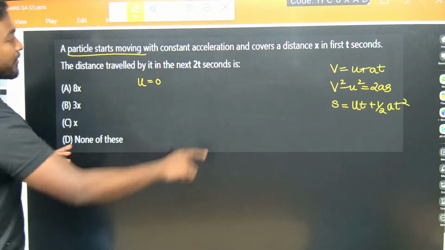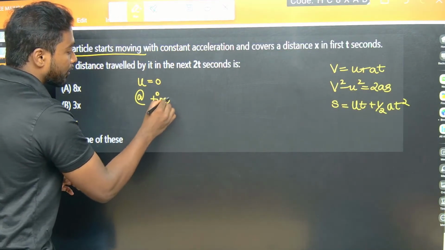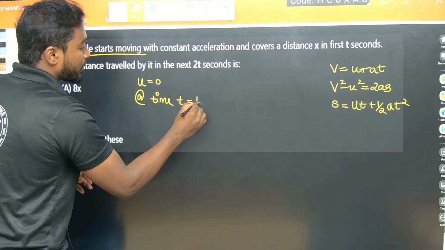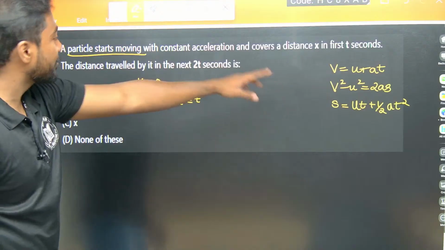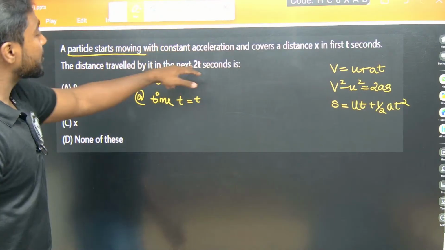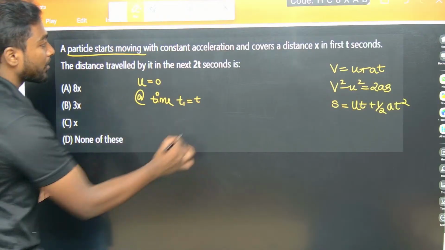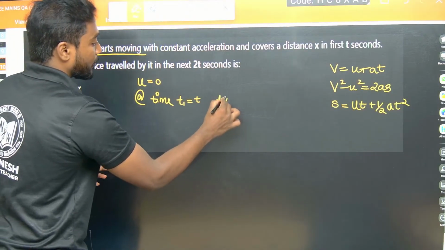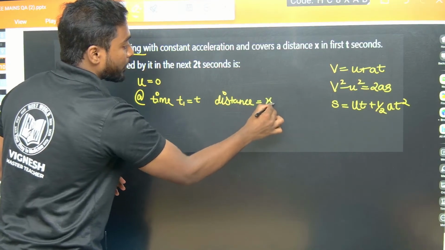So acceleration covers a distance x. Initially they are saying that at time t1 equals t seconds, the distance is equal to x.